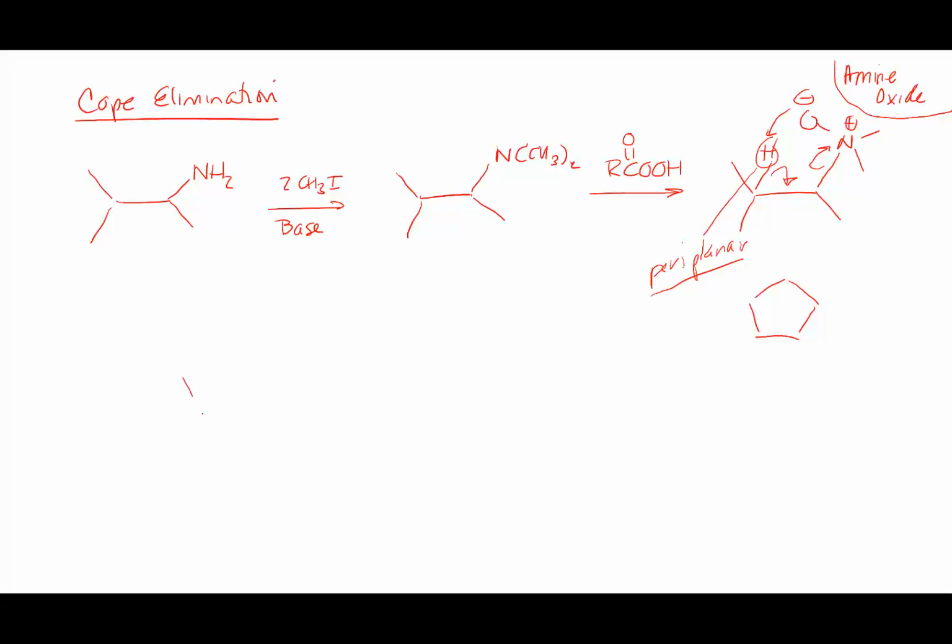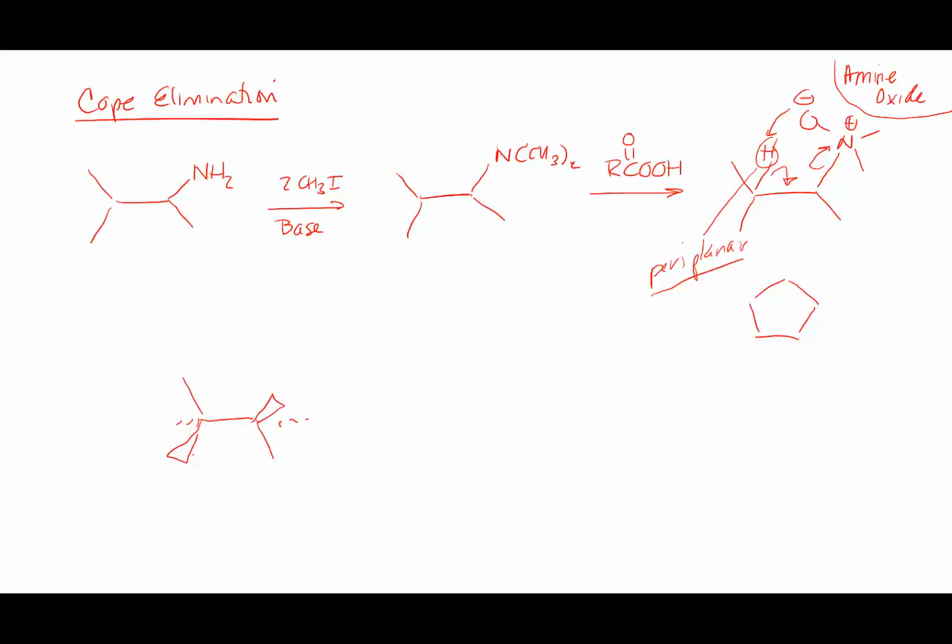So if I went back and I gave you that same molecule, because the leaving group and the beta hydrogen are going to be periplanar and not anti-periplanar, I'm going to get the opposite stereochemistry. Whether it was E or Z or cis or trans, I'm going to get the opposite one.